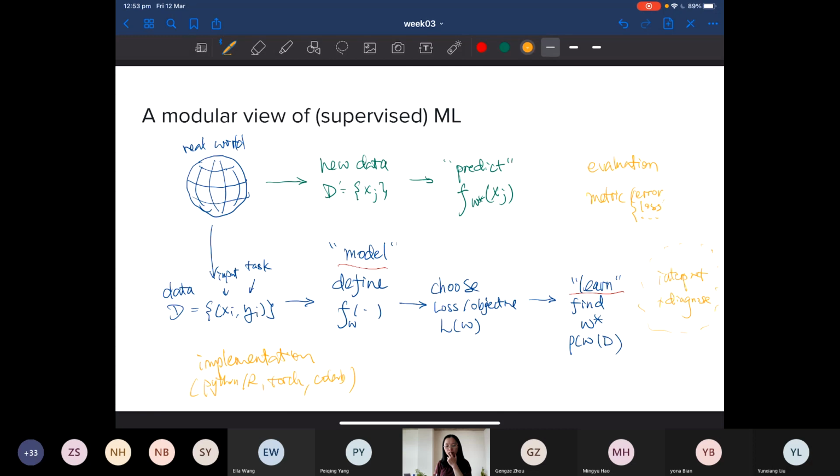Right. So you might say this is the modular view. In reality, your loss function and evaluation ideally should help each other. They should either be exactly the same or have the same intuitions. Otherwise, you will be tweaking towards different objectives.